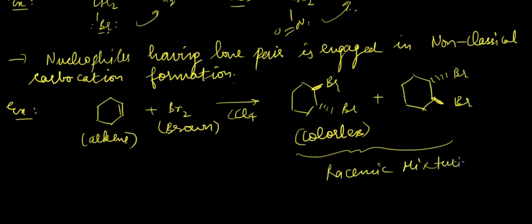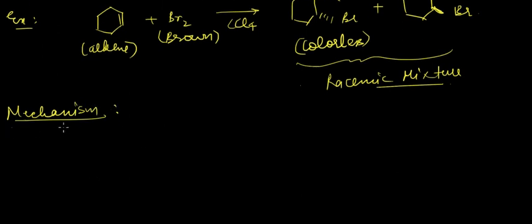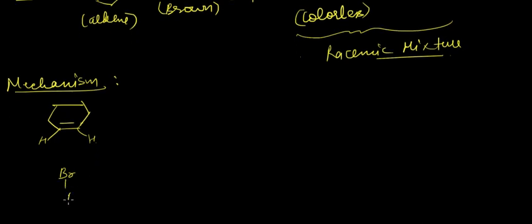So we'll take a look at how the mechanism of the reaction takes place. The mechanism is something like this. We have this cyclohexane ring with the double bond here. We have two hydrogen atoms attached here, and obviously bromine.